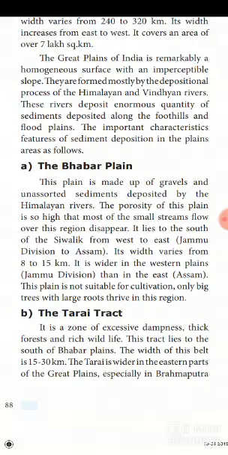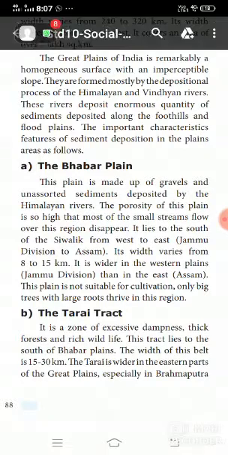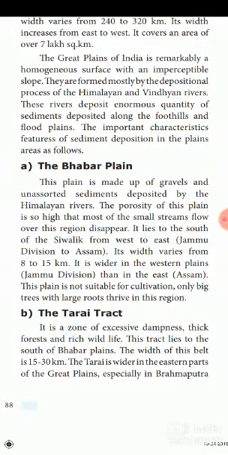This plain is made up of gravels and unassorted sediment deposited by the Himalayan rivers. So this plain, Bhabar Plain, is made of gravels. Gravels means small stones and sand mixed.